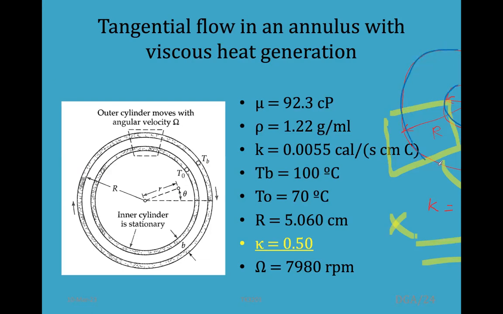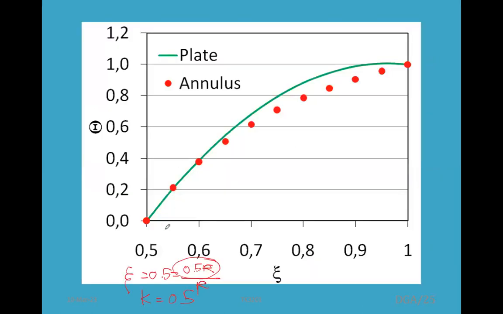So it's a very small one and a bigger one, and kappa is 0.5. So this equation doesn't do very well. The annulus would look like this. This is the profile, while using the plate, it's that one.